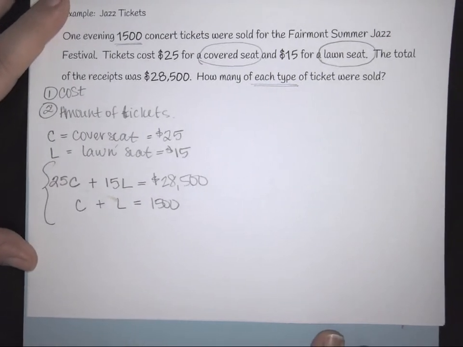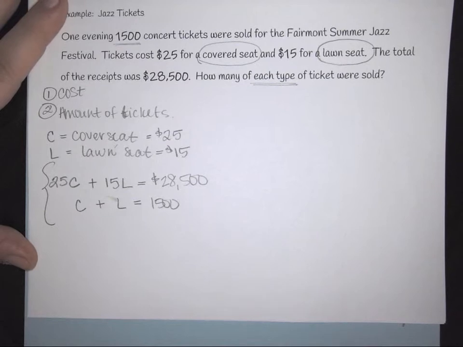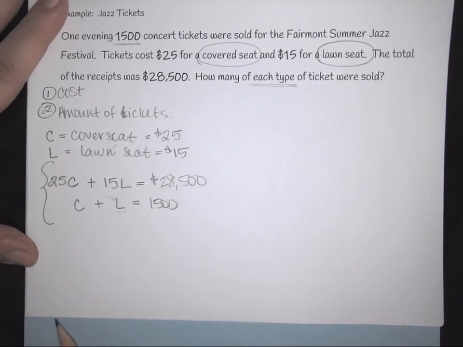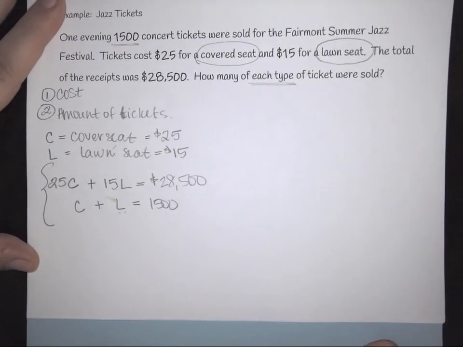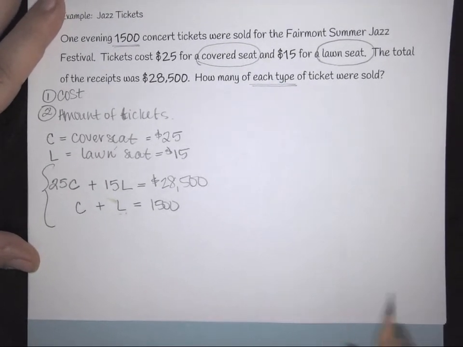So now all you simply have to do is start solving. If you notice this system, I have one equation here where I have a coefficient of 1. And so an easy thing to do would be to use substitution. However, you can use either. You've got two methods, substitution or elimination. You have to pick which one you like the best.